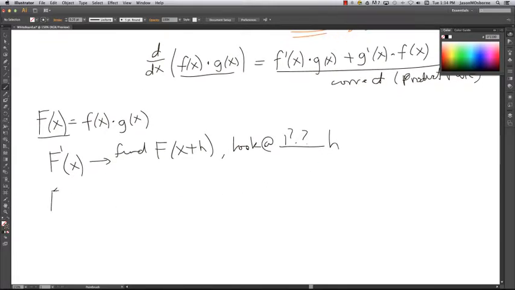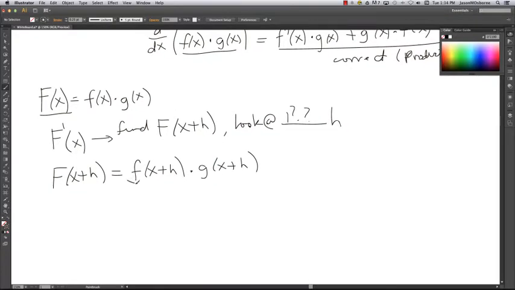So let's find F of x plus h. Well, that would be f of x plus h times g of x plus h. But we know that f of x plus h is going to be f of x plus f prime of x times h plus some extra terms that we don't care about.